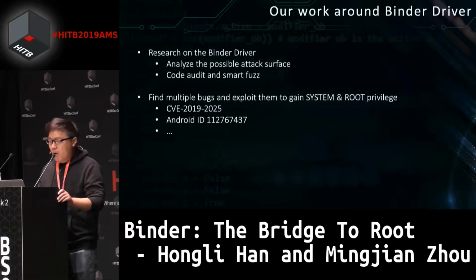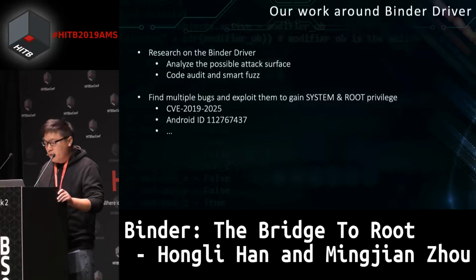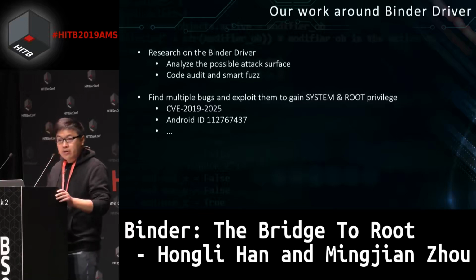We have done some work around the bundle driver. For example, we analyzed the possible attack surface by code auditing and fuzzing. We are lucky and found some bugs, like CVE 2025 and other zero-day vulnerabilities. Furthermore, we exploited them to gain system and root privilege.